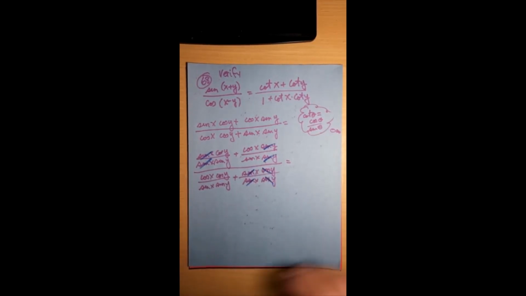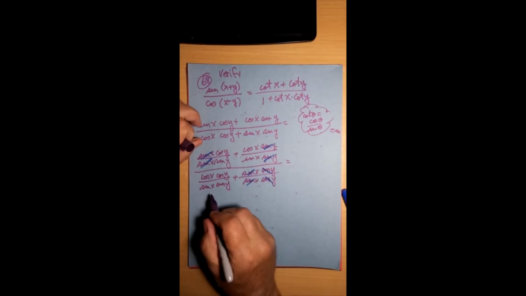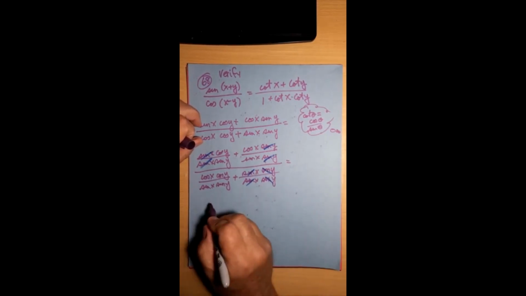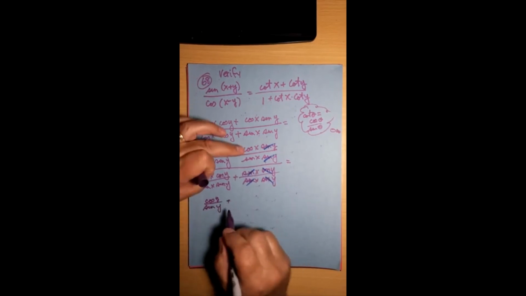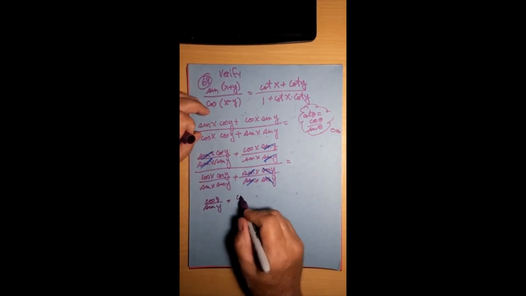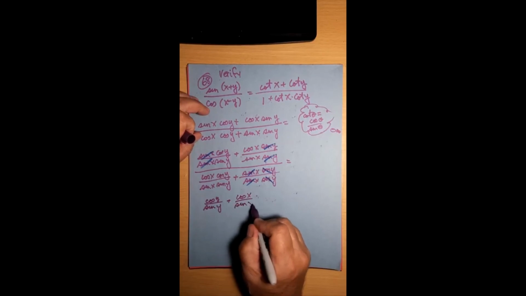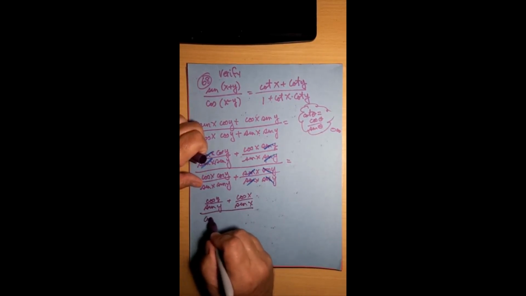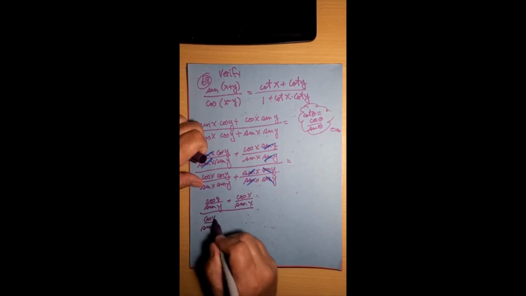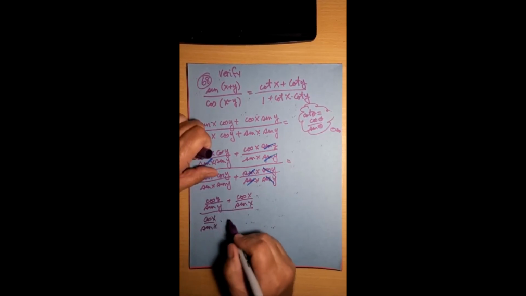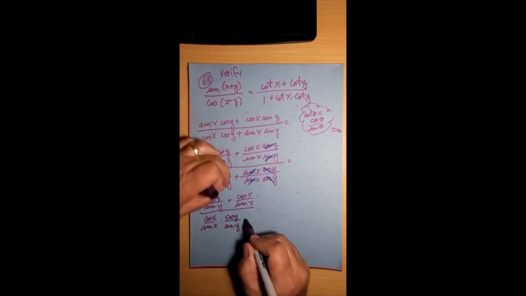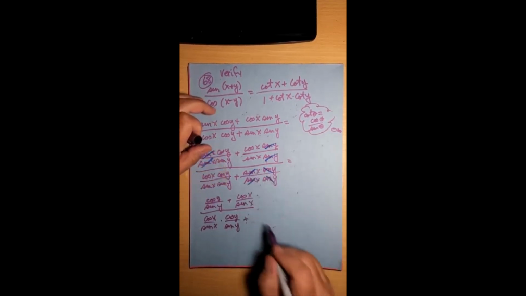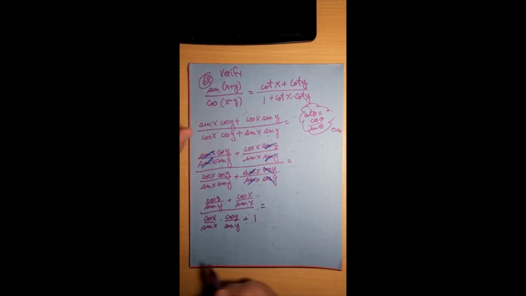So now you get cosine y over sine y plus cosine x over sine x, over cosine x over sine x times cosine y over sine y, plus, well, these cancel, but that doesn't disappear. It becomes 1 then.